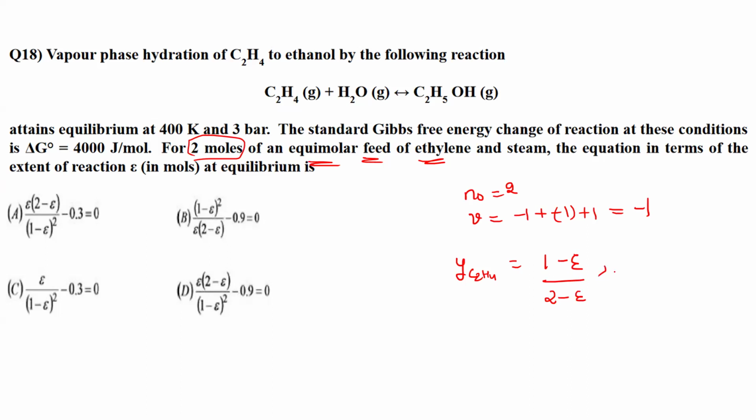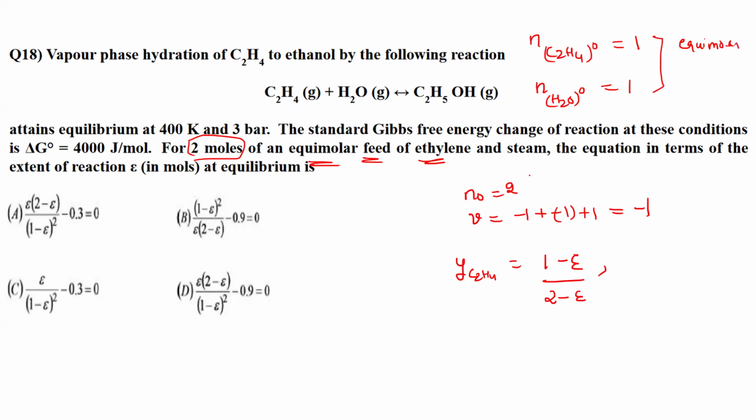Okay. Here initially C2H4 naught is 1 and H2O naught equal to 1, equimolar, 2 moles of feed.